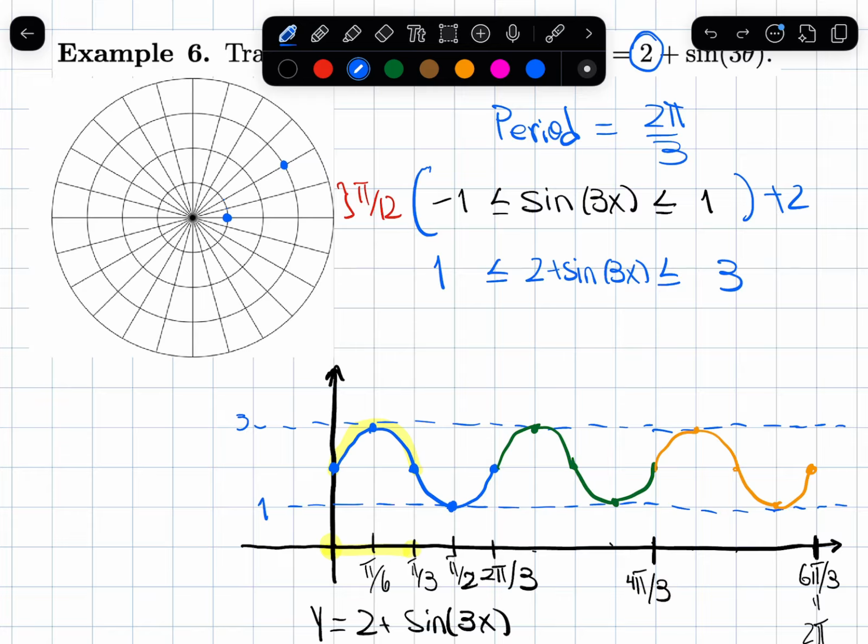And then after that, the distance decreases back to 1 until it gets to pi over 2. So we're going to go at pi over, let me double check if I'm doing this right.